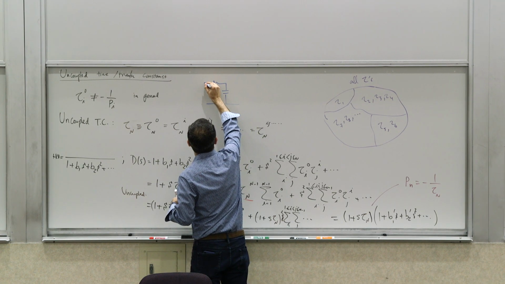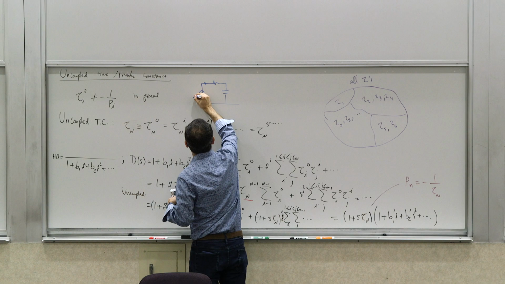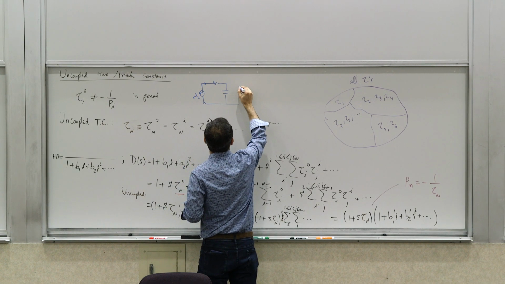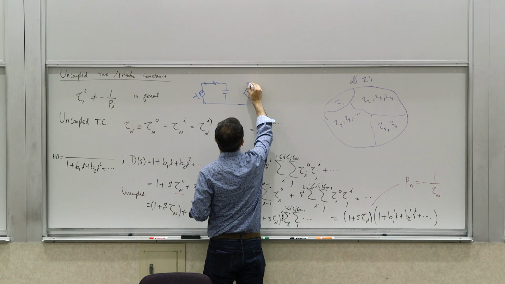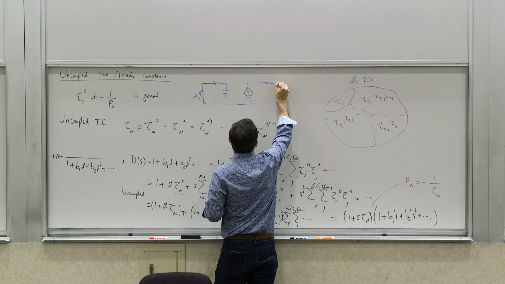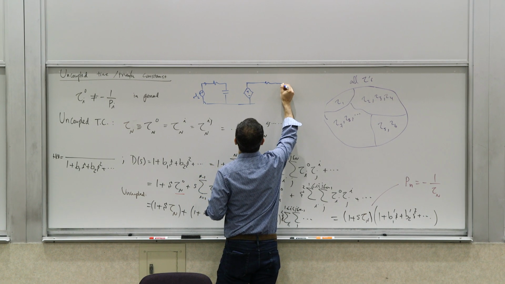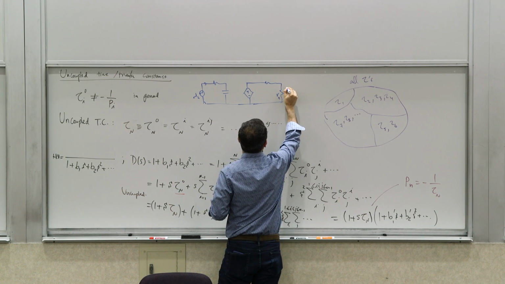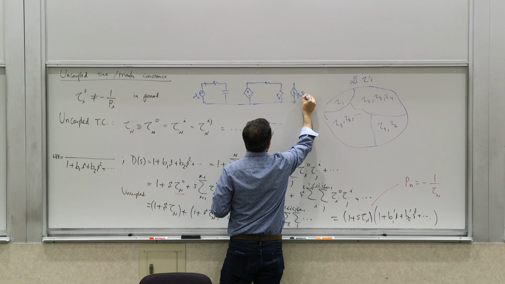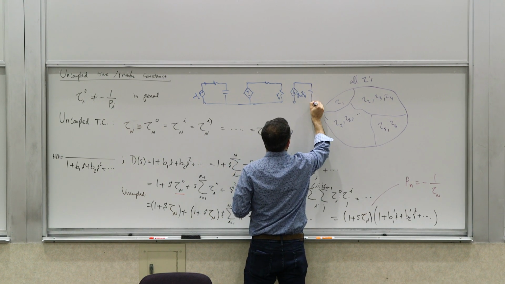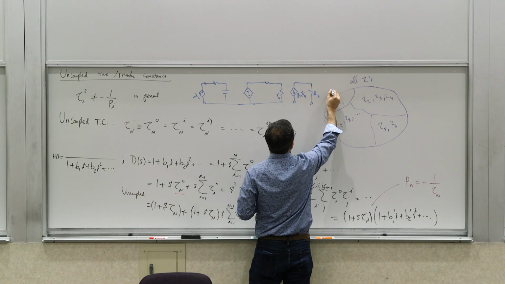You can have this, for example, and then a dependent voltage source here driving, let's say, a transistor, which we can model as R pi, Gm V pi, R2, et cetera.